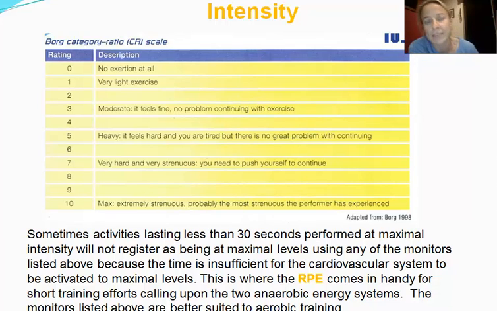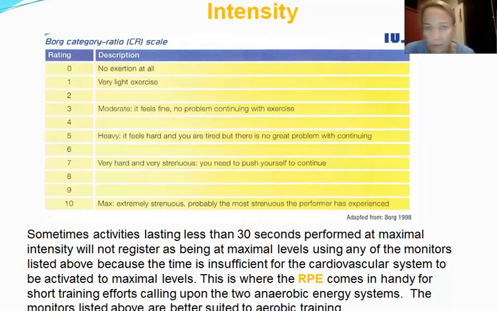This table just shows us our RPE, rate of perceived exertion. What's important to note with intensity is that particularly when we're working anaerobically, our heart rate monitors won't necessarily indicate that we're working 100%. For example, if those sprints that we were doing the other day, we were maximally sprinting, that short interval training.